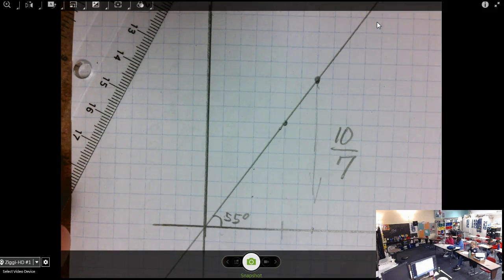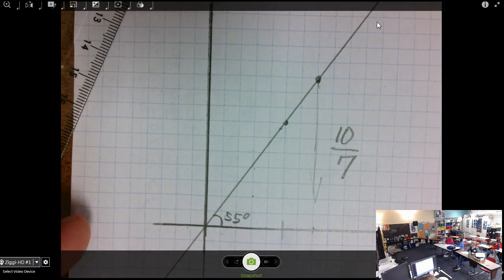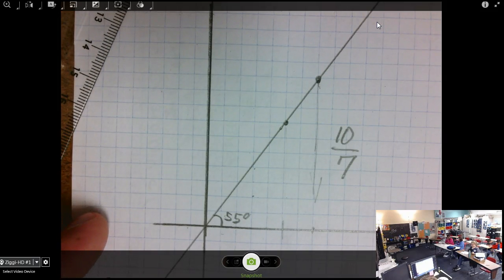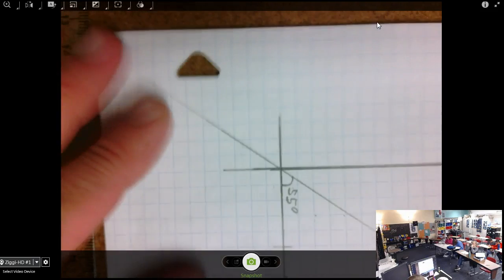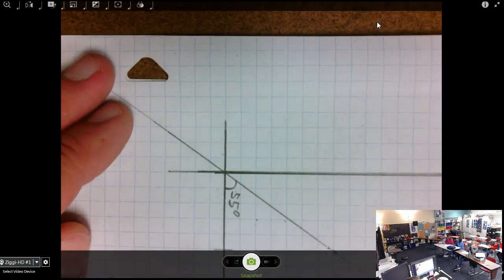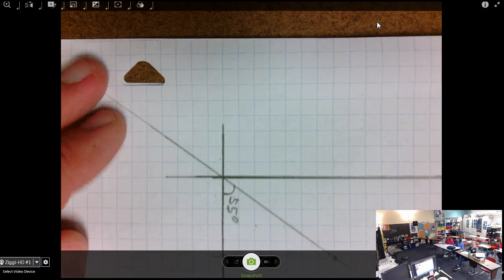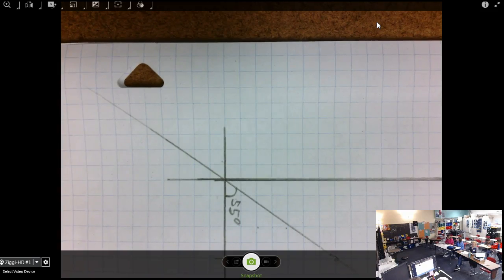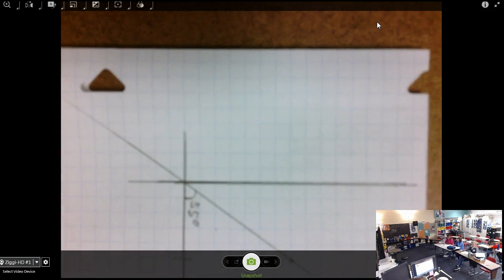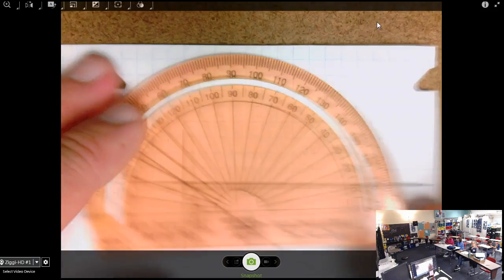We could do 6, because if you do a 90-degree angle, 84 plus 6 equals 90. Yeah, they're complementary. So I'll get the inverse, right?